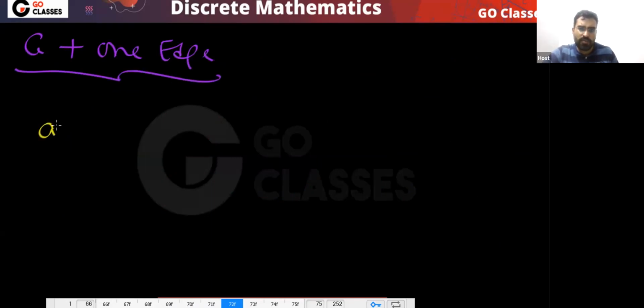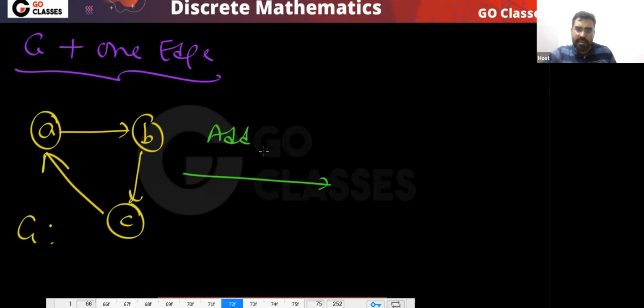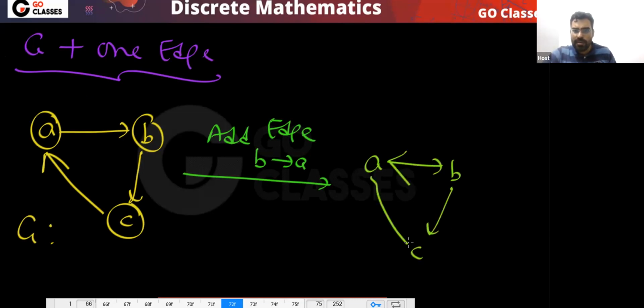For example, consider this graph G with A, B, C. Let me add one edge, the edge BA. Now tell me, what is the number of strongly connected components here?